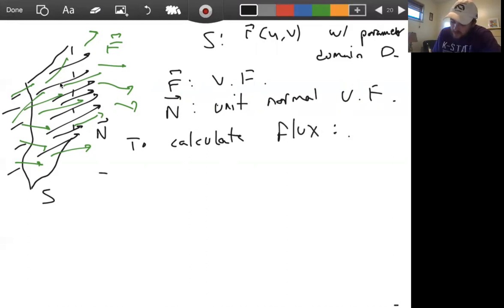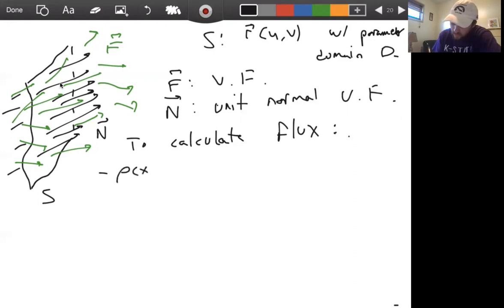We need the density, right? And so when we're thinking about flux, we're thinking about the surface S as kind of like a membrane that a substance or fluid or material or whatever is passing through unobstructed. And to calculate flux, we need to know the speed at which this substance is traveling, and we need to know the density of this substance.